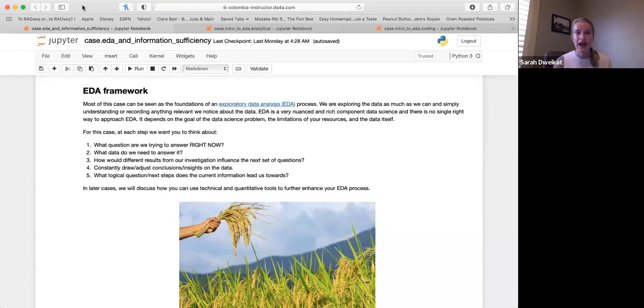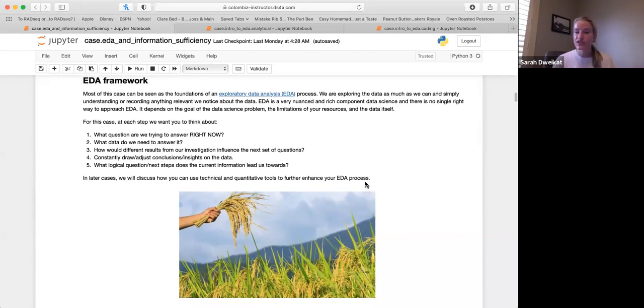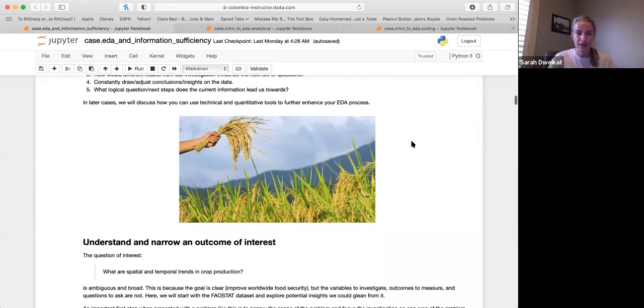To be open to that and not be disappointed by that is just how this process goes. So that's our overarching framework for EDA, how that works. These questions are really helpful, and you can refer to them later when you're thinking about the steps to follow and how you want to approach exploratory data analysis.